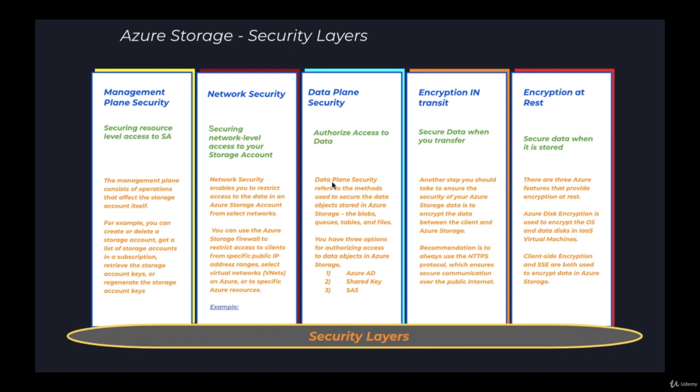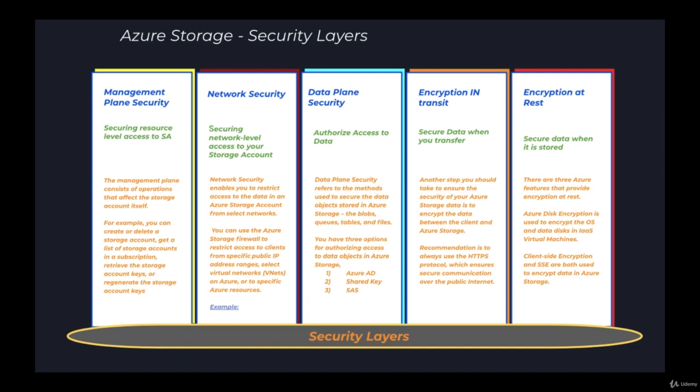In management plane security, we discussed that access to a storage account is provided. Here we have not touched the content within the storage account, like containers, blobs, queues, files or tables. When we talk about data plane security, we are talking about providing access to the data within your storage account.